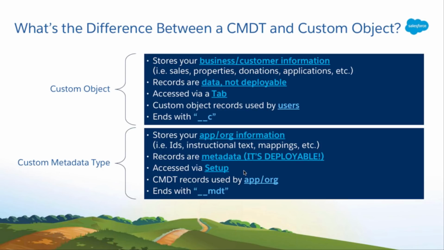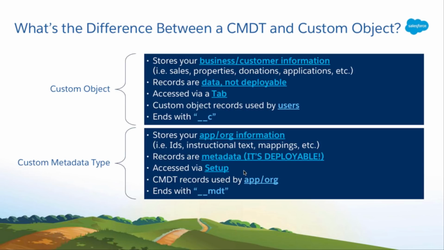You have to data load them in. People access the custom object via a tab, and those users interact with the custom object records, and that ends with __c.